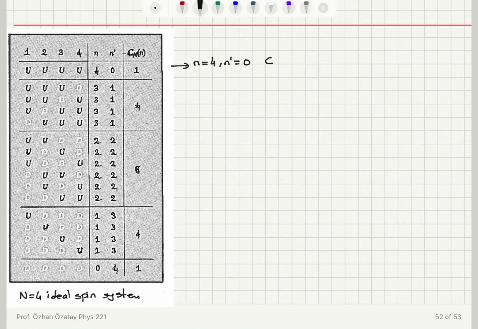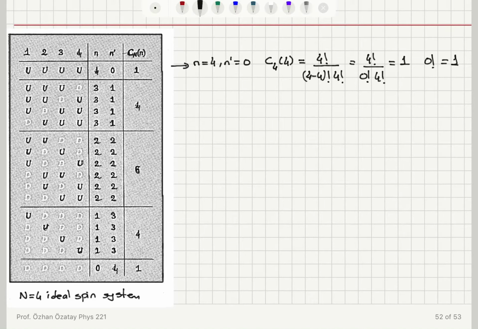So combinations for 4 spins taken 4 at a time should be equal to N factorial over (N minus n) factorial, n factorial. So this is going to be equal to 4 factorial over 0 factorial, 4 factorial, which is equal to 1. 0 factorial by definition is equal to 1. So indeed I find 1.